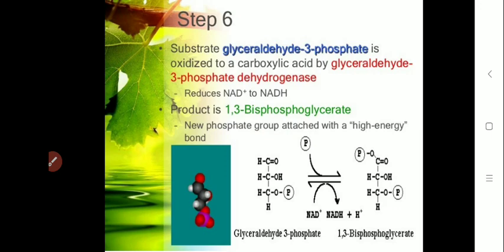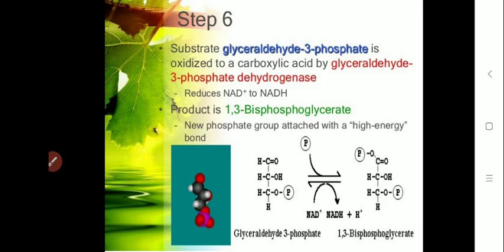The enzyme glyceraldehyde 3 phosphate dehydrogenase catalyzes the conversion of glyceraldehyde 3 phosphate into 1,3 bisphosphoglycerate, which is also known as 1,3 BPG. The formation of 1,3 BPG is carried out with the help of the enzyme glyceraldehyde 3 phosphate dehydrogenase.